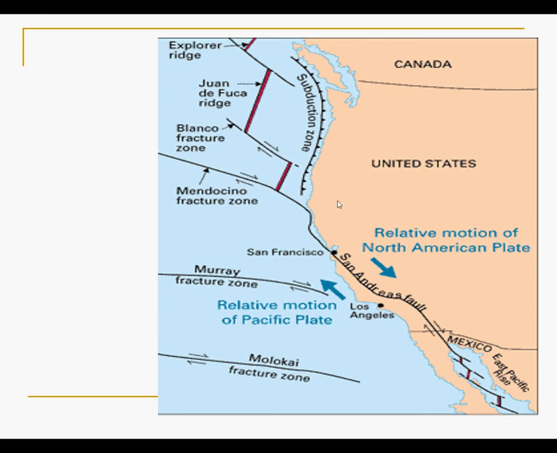This is the subduction zones from oceanic crust to continental crust. The Juan de Fuca plate, San Andreas fault. You can see why this is right here. This plate is moving northward, and the North American plate is moving southeast. And so you see this moving, and Los Angeles is in the way.